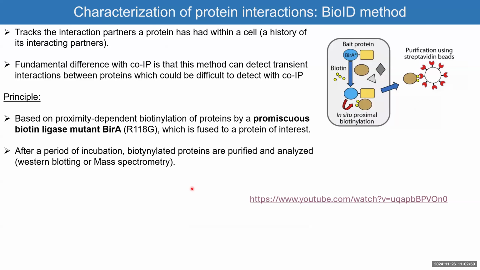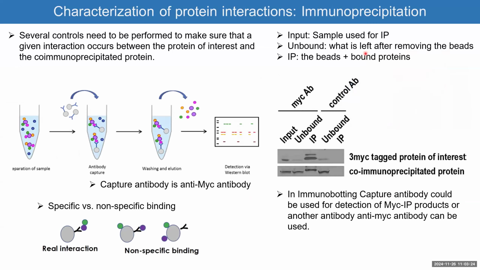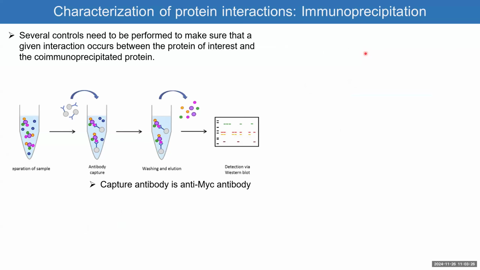Now, there are other methods that we can use to detect protein binding. The BioID method is based on the following. Let's take a protein in yellow here as an example. Before describing it, there's one thing I have to mention.